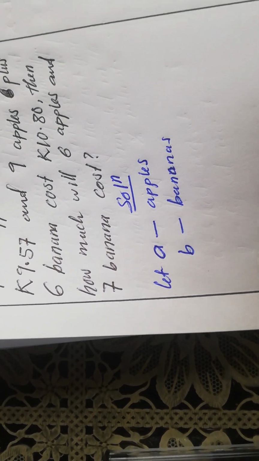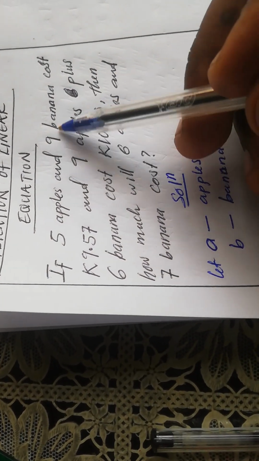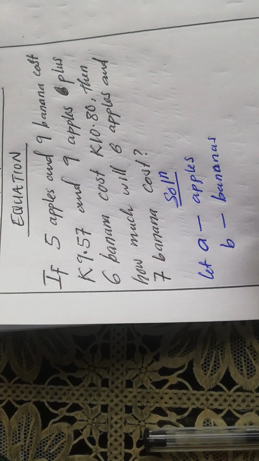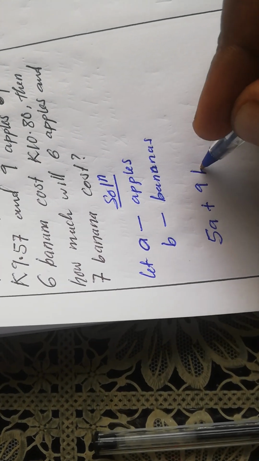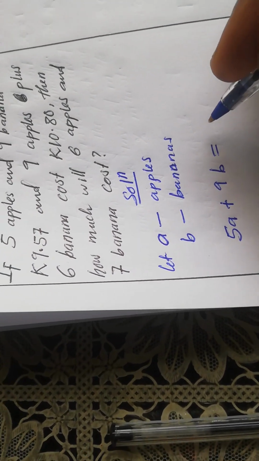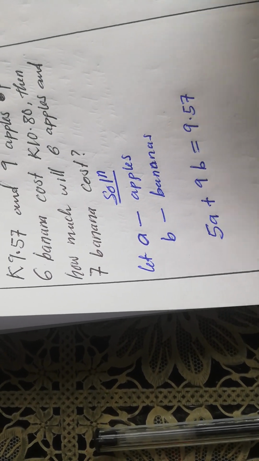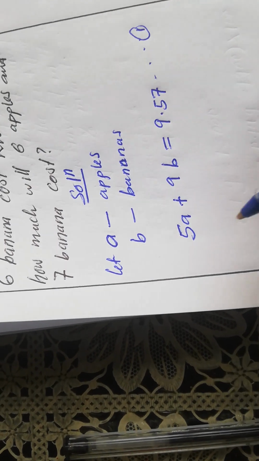If that is the case, we can say 5 apples and 9 bananas cost that, so 5A plus 9B will cost 9.57. Okay? And we are considering this to be equation 1.